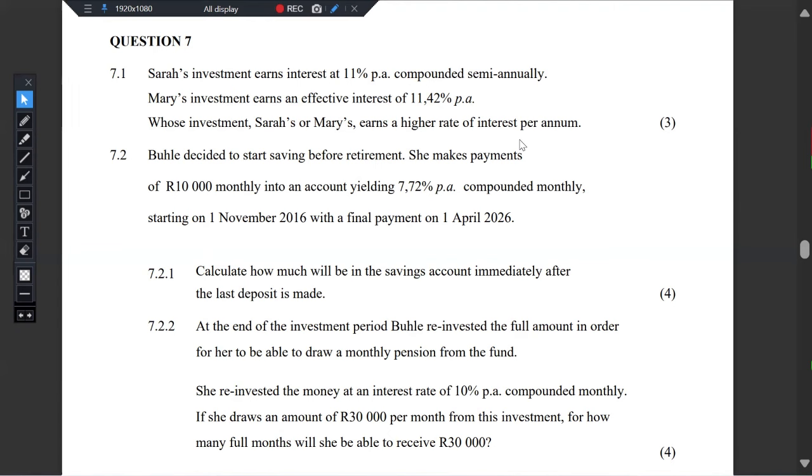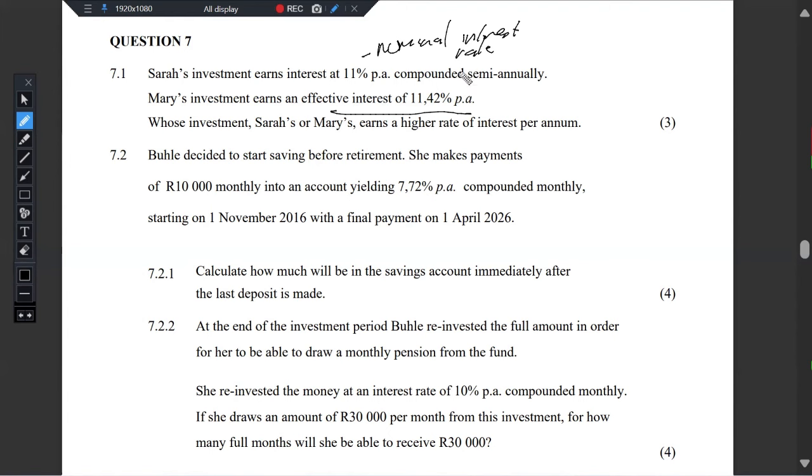So note that for Mary, we are already given the effective interest rate, meaning that for Sarah, we are just given the nominal interest rate. So now, the whole point of this question is that we should convert the nominal interest rate to effective interest rate and compare it to this one.